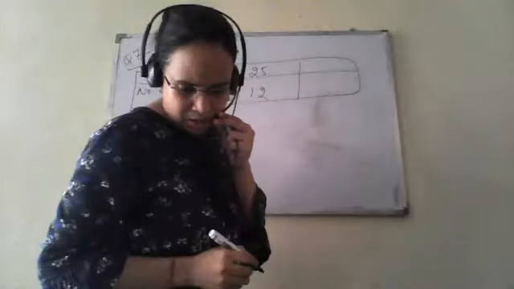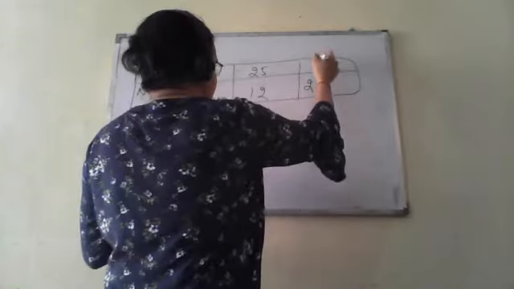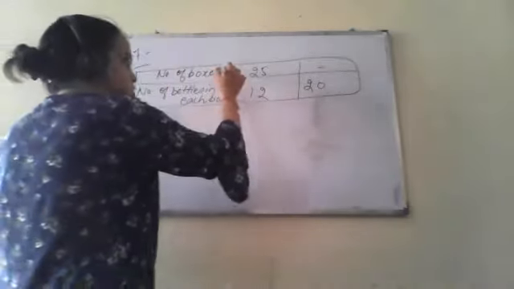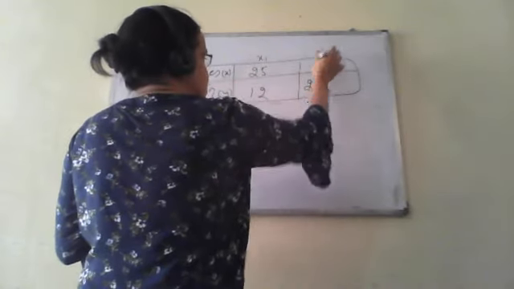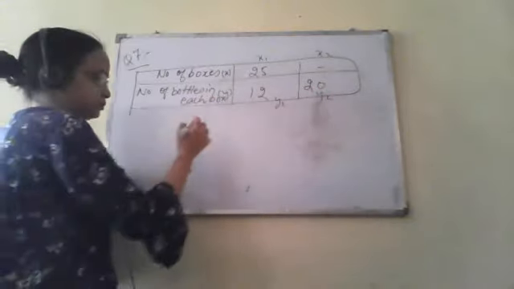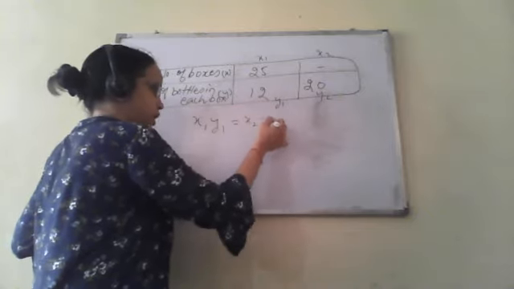Now he is putting 20 bottles in each box and we have to calculate the number of boxes to be filled. This is our x, this is our y, this is x1, x2, y1, y2. Very simple. So we have x1 y1 equals x2 y2.